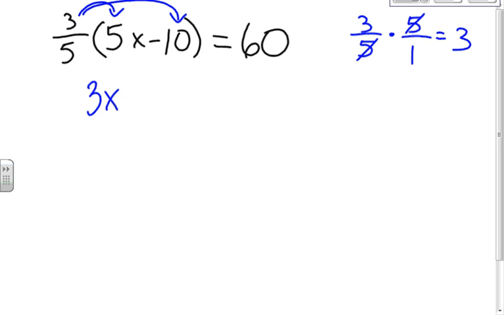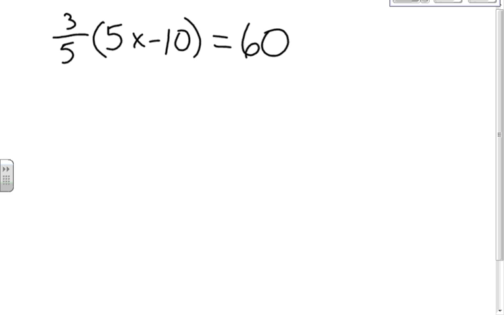Here's another way. This is kind of more of a trick way, I guess. You say, okay, I don't want to deal with this fraction, so I'm going to get rid of the fraction before I even start. If you want to get rid of a fraction, you can multiply by the denominator. So I see this fraction 3 over 5. I can multiply it by 5. If I multiply the left side of the equation by 5, I have to multiply the right side of the equation by 5.